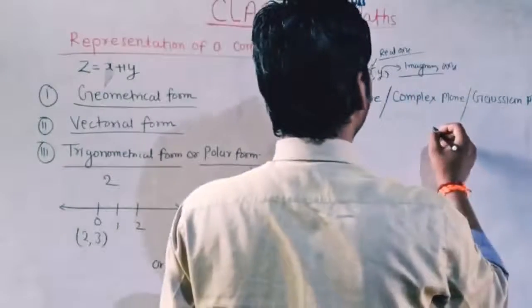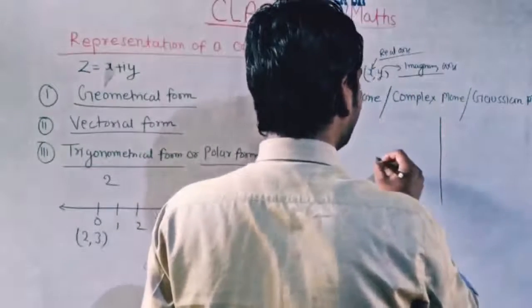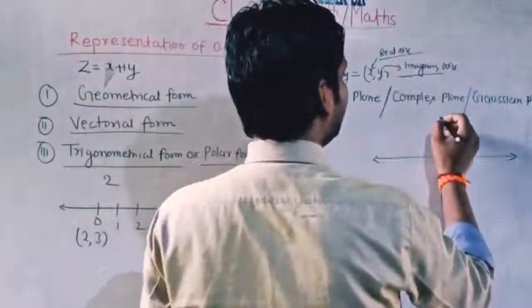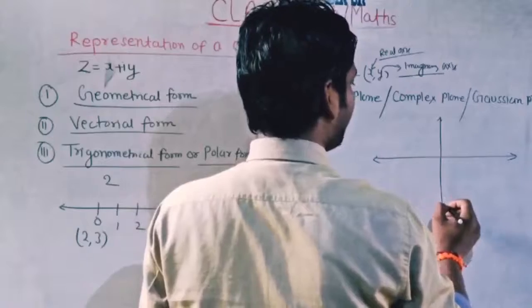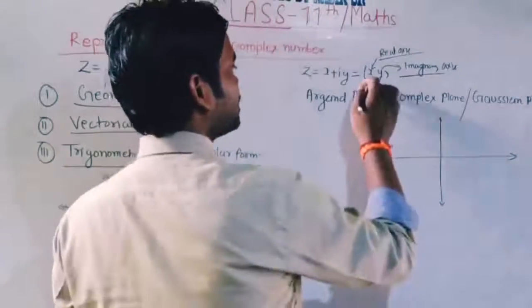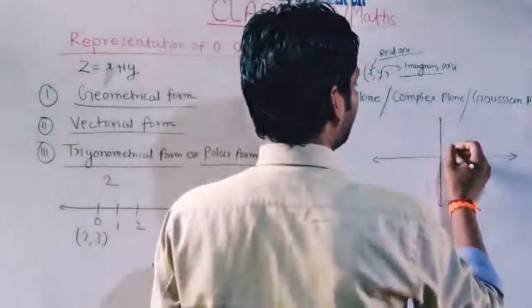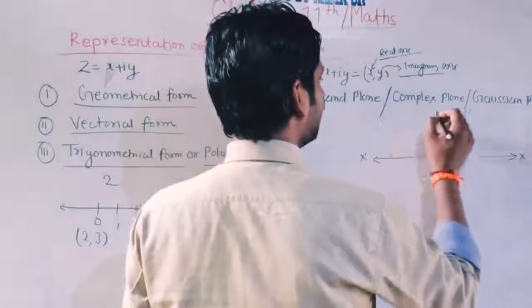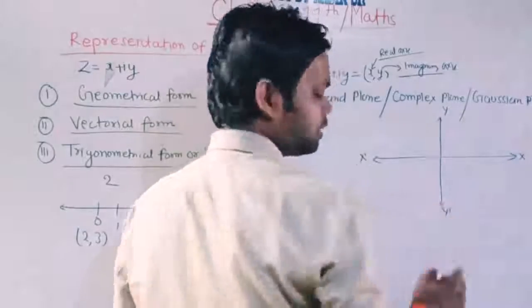So dear children, if we want to represent x comma y, it lies in the first quadrant. This is the real axis, x dash, and y dash.